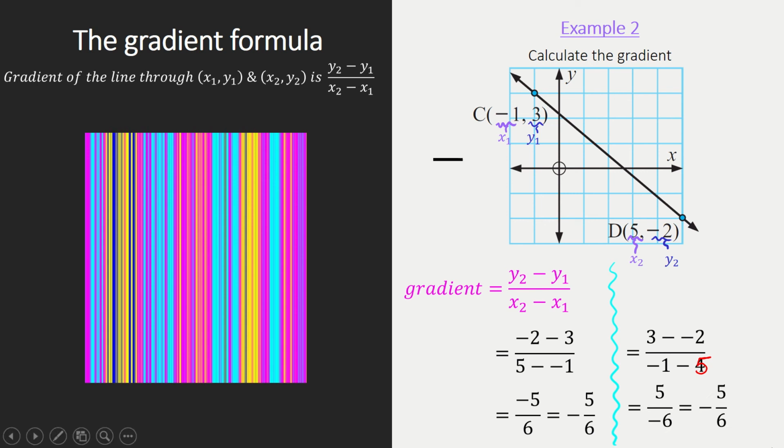What you then get is 5 divided by minus 6, and that equals minus 5 over 6. So as you can see, it's exactly the same. Therefore it doesn't really matter which points you call y2 or y1 and which you call x2 and x1, as long as you make sure that x1, y1 belong together and x2, y2 belong together. It must be the same. Alright, so if you've got any questions, then please ask them now.